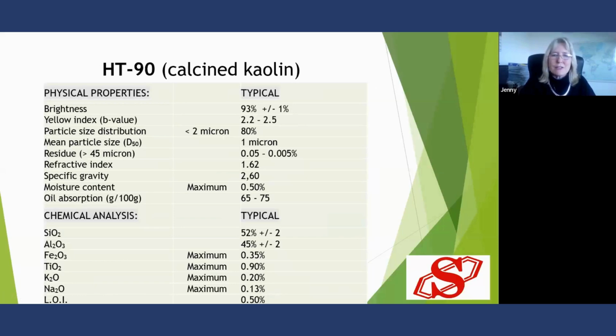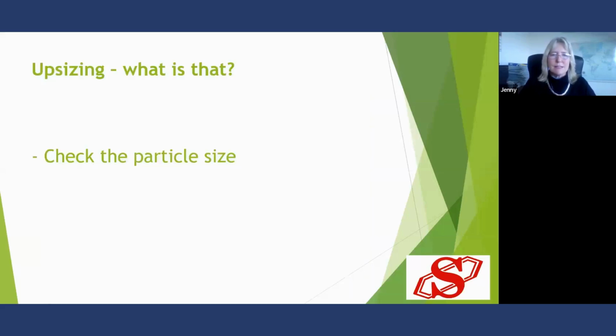It's already been taken to 1200 degrees. It's lost its waters of crystallization, and that changes the crystal structure, which is what makes calcined kaolin such a good opacifier. And then there's no more waters of crystallization to lose. So the LOI would be a very low number, nearly zero for calcined products.